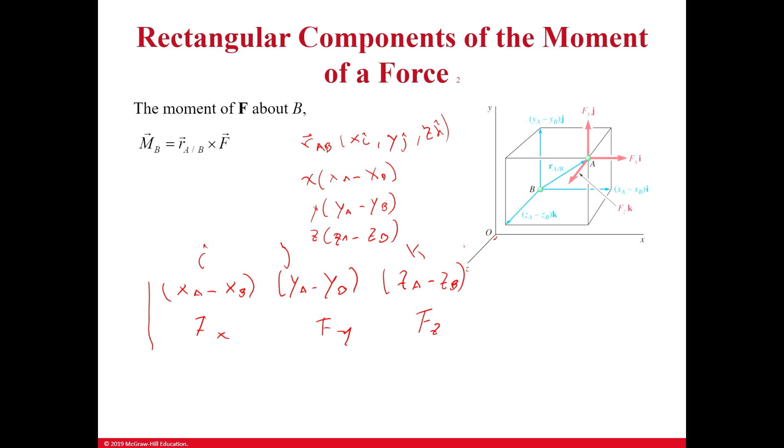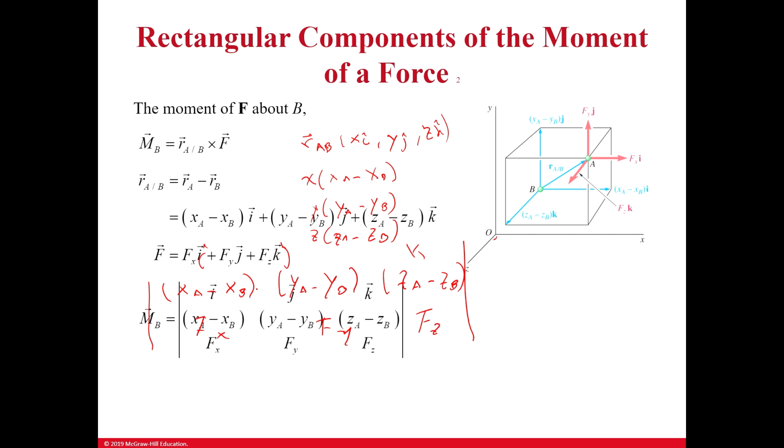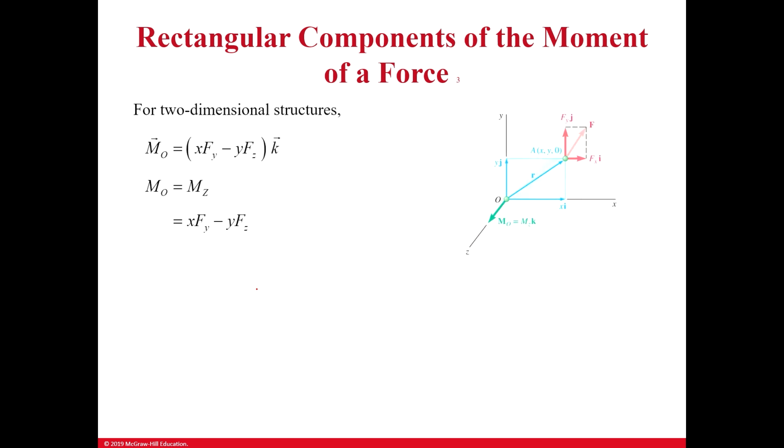And then you just do this operation as we just did. Okay, just like that is showing. Perfect. So here we're seeing that this distance r with this component fx is giving you a perpendicular moment.